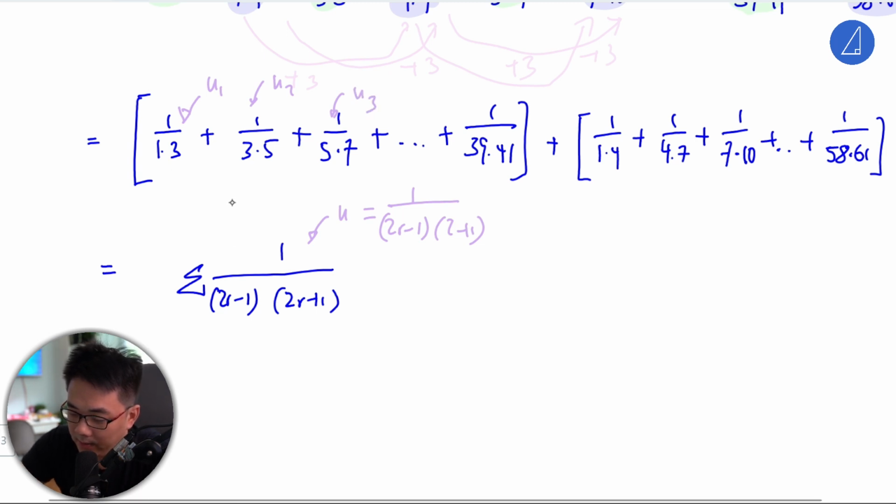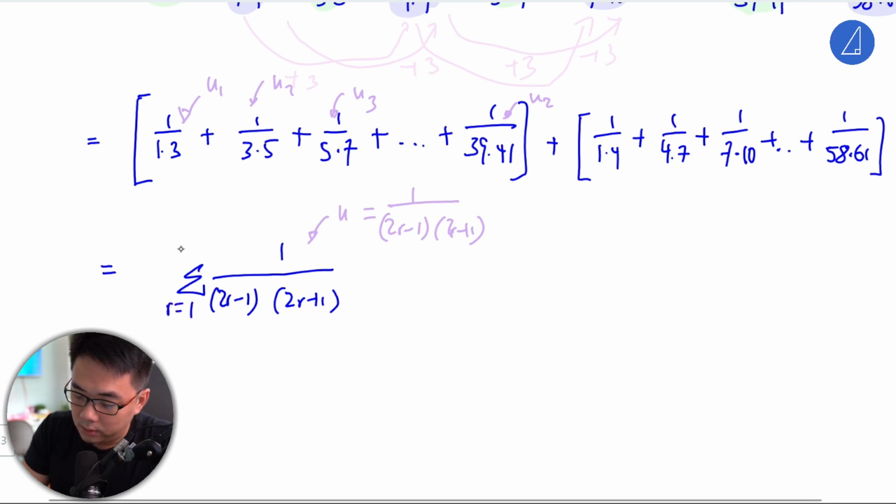So I know that I keep adding, right? U2 would be 3 and then 2, then so on. Okay, so this is U, you could check for R equals to 20, yeah, U20. So this is R equals to 1 to 20.